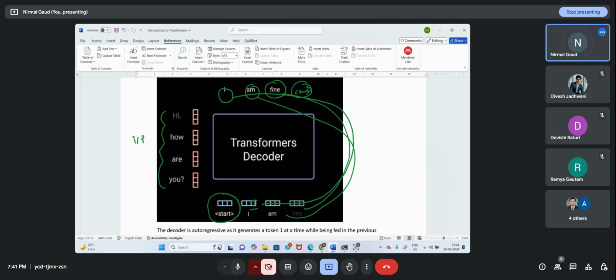So just try to understand. Initially, all of this will be given along with the start. Just concentrate on what's happening and how the results are coming.